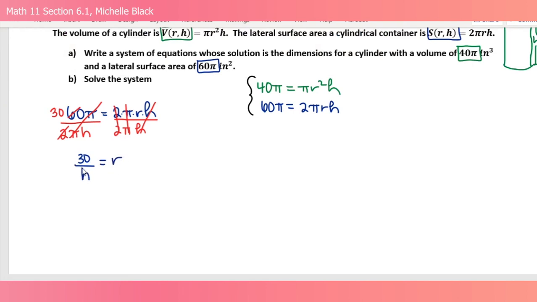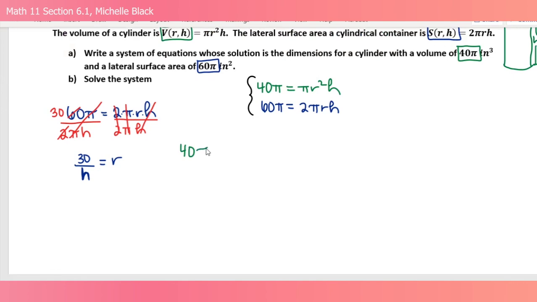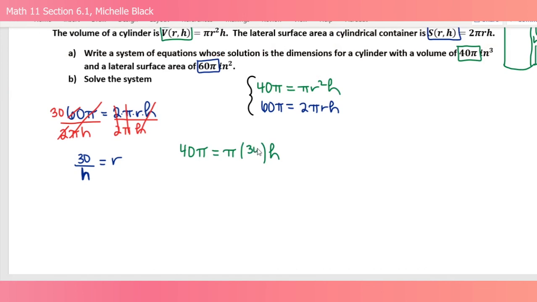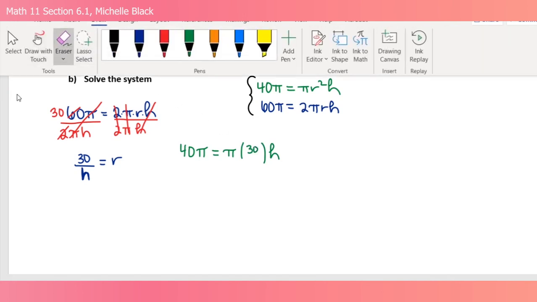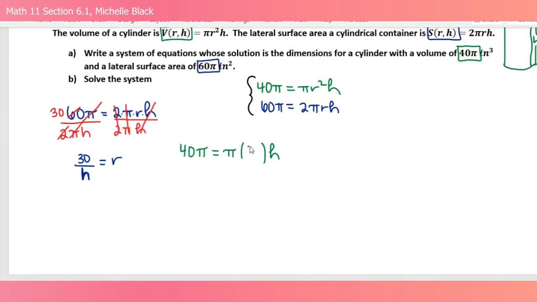So now I have solved for r in terms of h. Let's substitute this into our green equation. Our new r is 30 over h, and this quantity is squared.